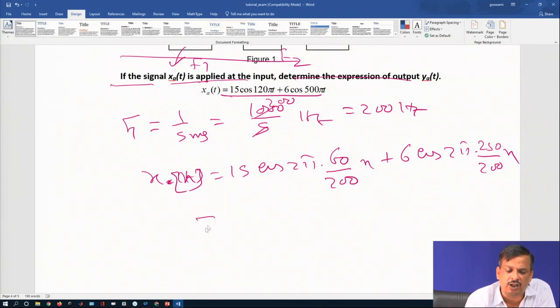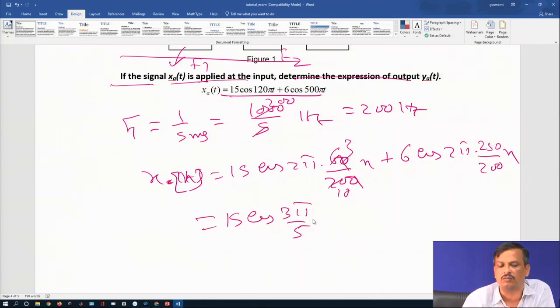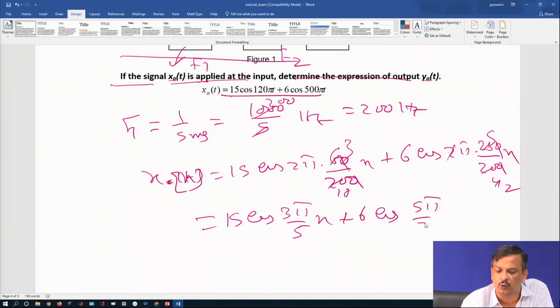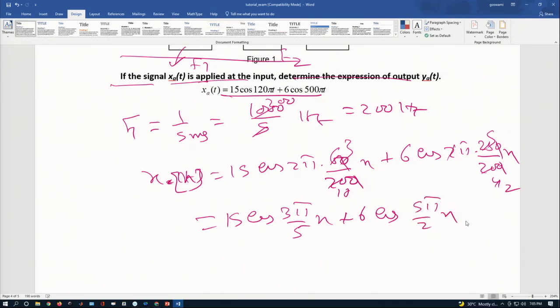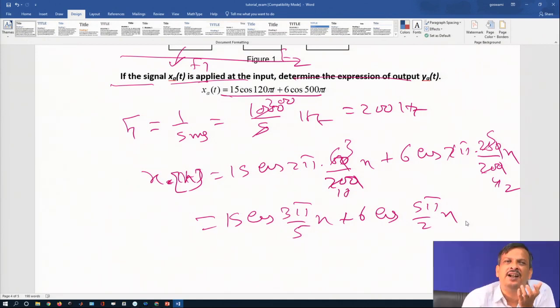So, I get the expression of x of n as 15 cos 3 pi by 5 n plus 6 cos 5 pi by 2 n, okay or not? Now, I know if the signals are separated by 2 pi, the signals are identical.